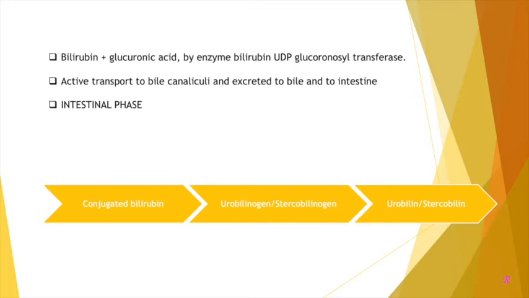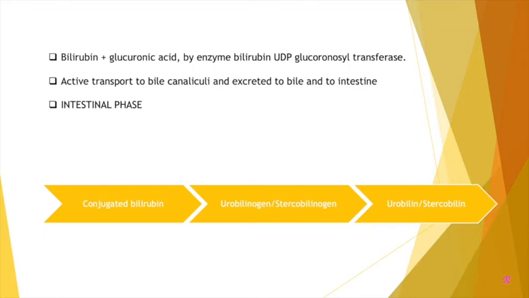From the portal vein, it reaches the liver, and from the liver, it gets excreted again into the bile. So when the portal vein comes into action, we'll call it enterohepatic circulation. So we are done with the intestinal phase also.